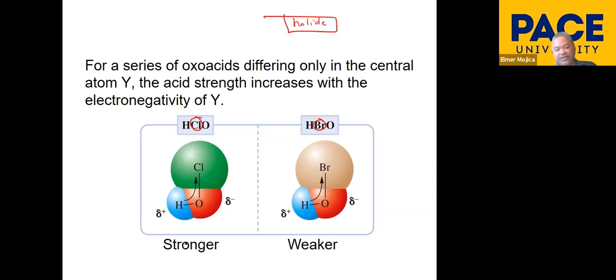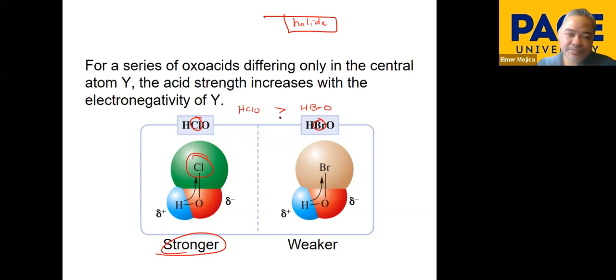So why do we say that HClO is stronger compared to HBrO? They said it has something to do with the electronegativity of Y.